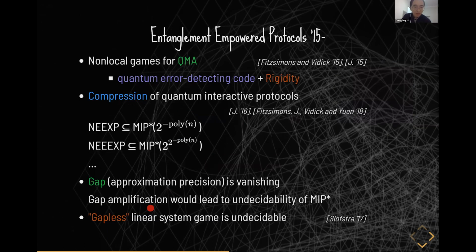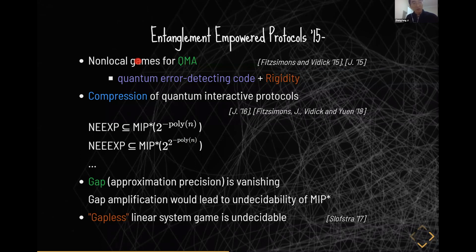Later, there have been ideas that you can actually use entanglement, if you consider entanglement-powered provers. The first thing we can do is to design games for QMA, because classically it's NP-hard, and we know there's a quantum analog of NP and conjecture they are different.